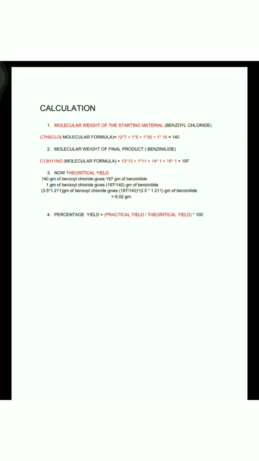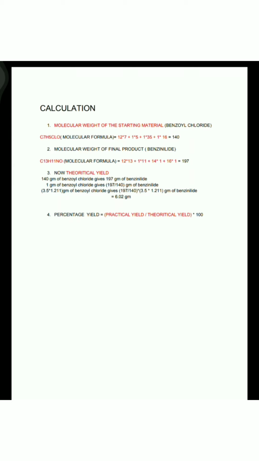The corresponding molecular weight we have calculated from the periodic table: 12 into 7, as there are 7 carbons, and 5 hydrogen, 1 chlorine and 1 oxygen, which is equivalent to 140. The molecular weight of the final product, benzanilide, which is C13H11NO, is equivalent to 197.